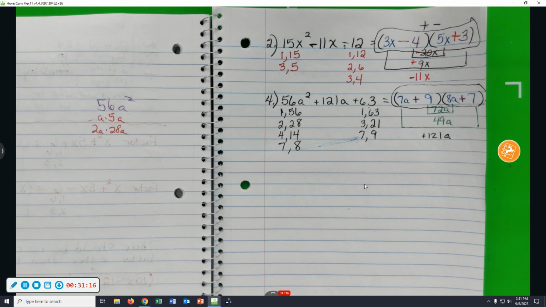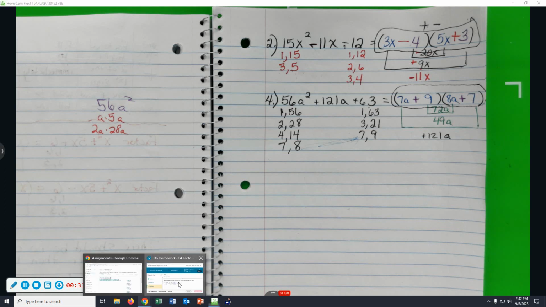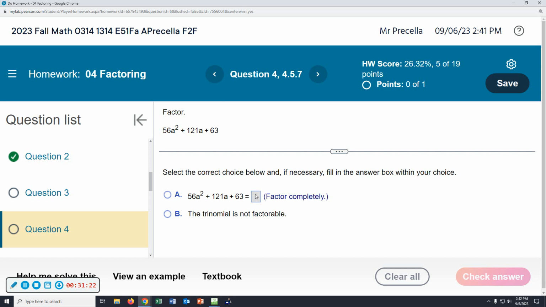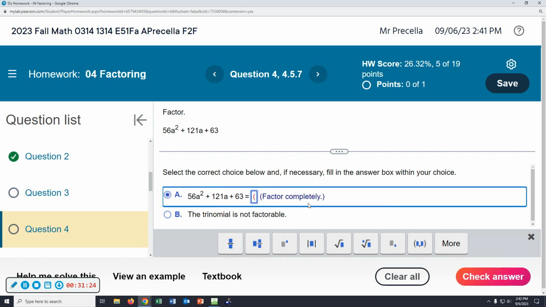Well, type it in so I know it's right. I don't know why I keep forgetting that. So parentheses, 7a plus 9, and 8a plus 7. Again, he could have written 8a plus 7, parentheses 7a plus 9.